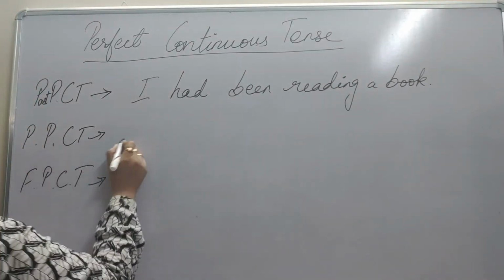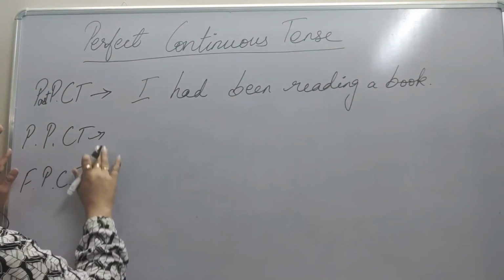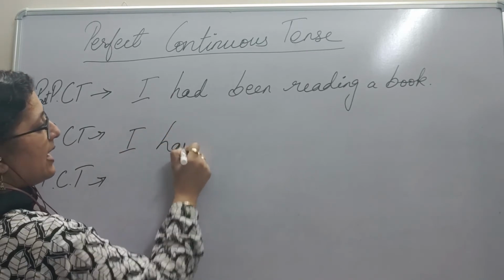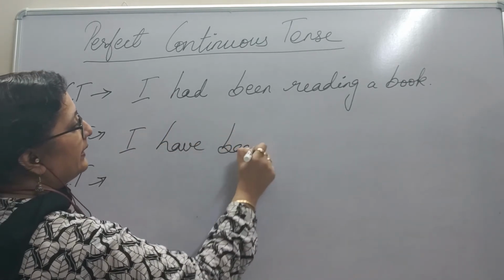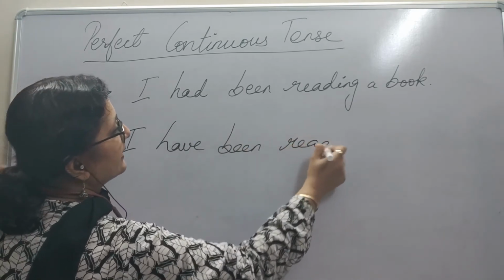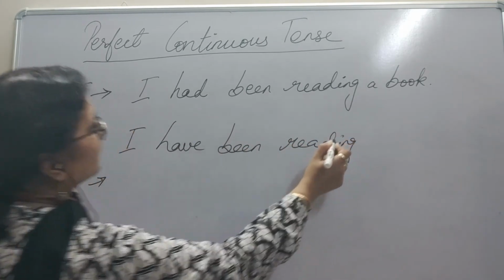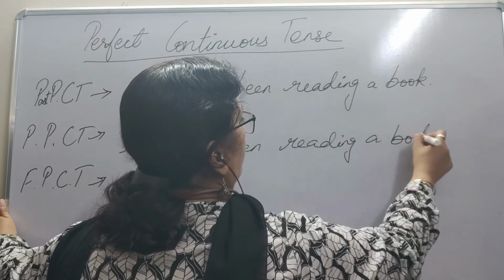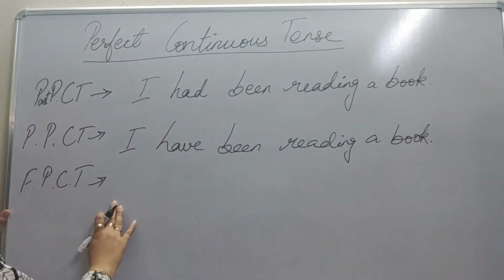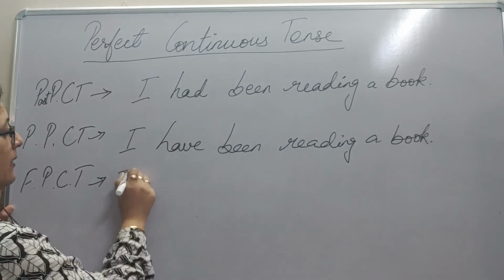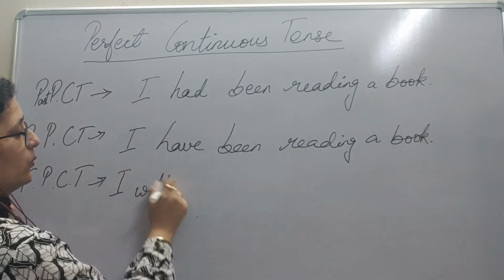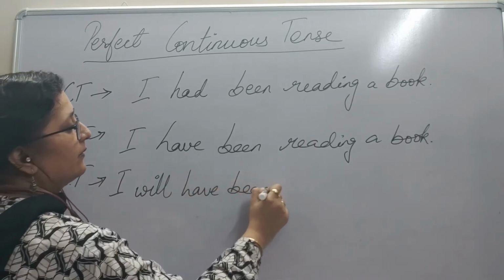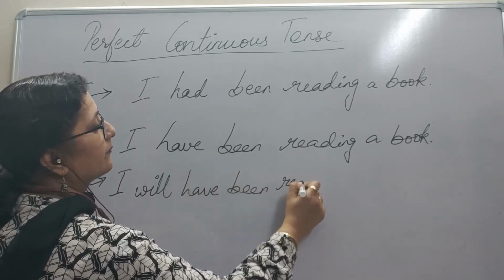Now very simple, in the present perfect continuous form: I have been reading a book. Okay, and once again, the future form: I will have been reading a book.